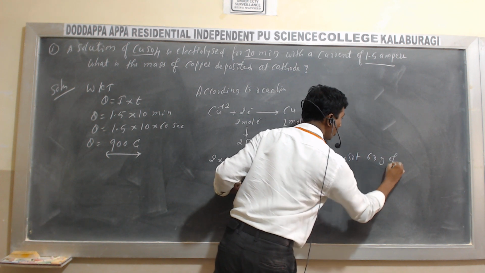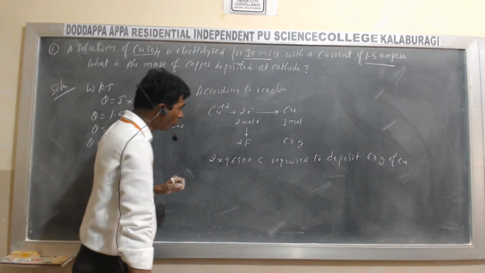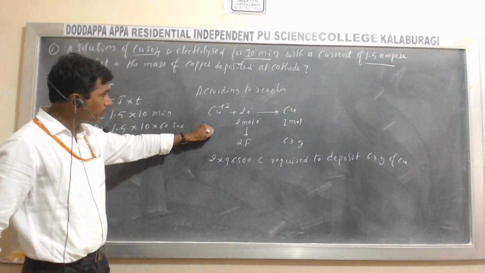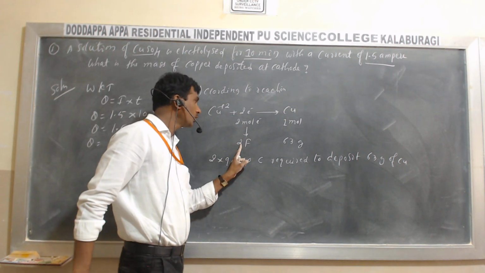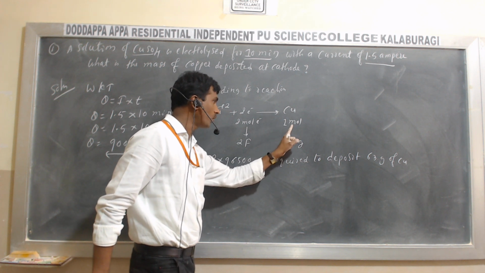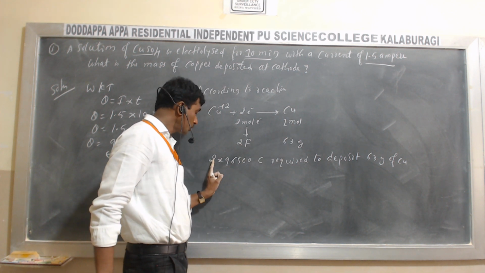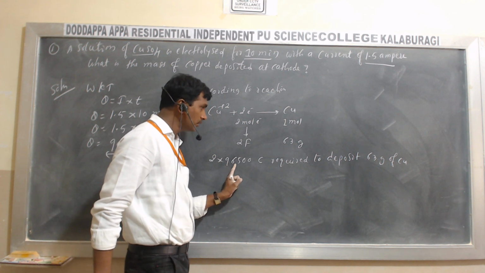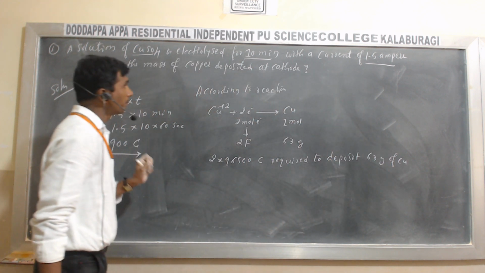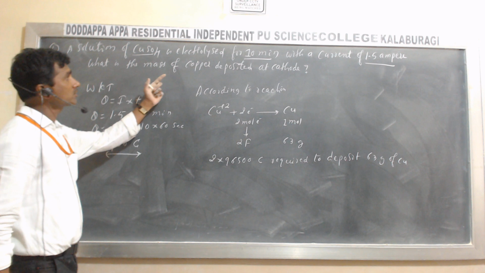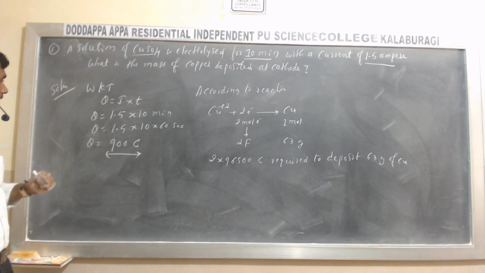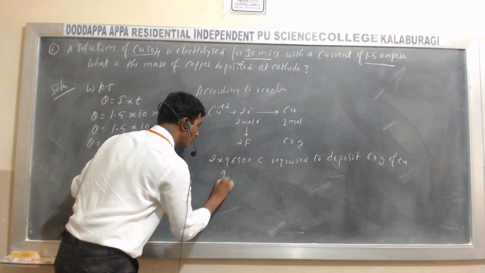So theoretically, the reduction of 1 mole of copper +2 requires 2 Faraday, and 2 Faraday equals 1 mole of copper, which is 63 gram. So 2 into 96,500 coulomb is required to deposit 63 grams of copper. But practically, we passed a current of 1.5 ampere continuously for 10 minutes, so it produced 900 coulomb.